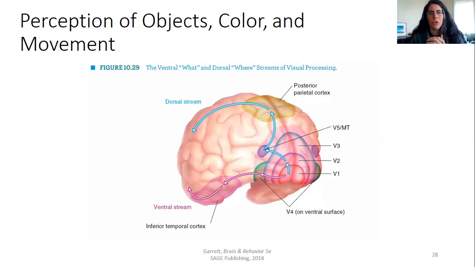But there's also what's called distributed representation. It's not just area V4 that's responsible for color perception. It's also going to be fed through activation in multiple areas of the brain.